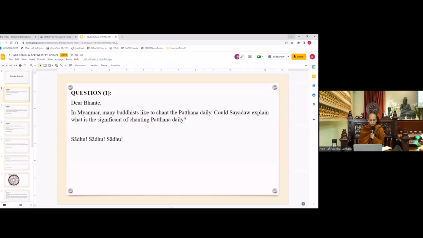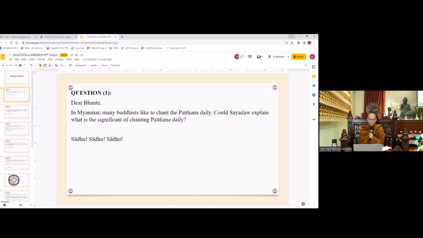And in the Abhidhamma Pitaka also, the Patthana will disappear first. So the people do not wish the Buddha Sasana to disappear. That's why they chant Patthana every day, although most of them don't understand it.